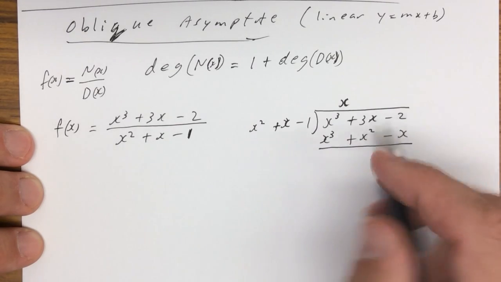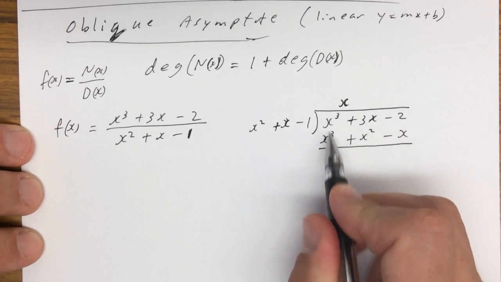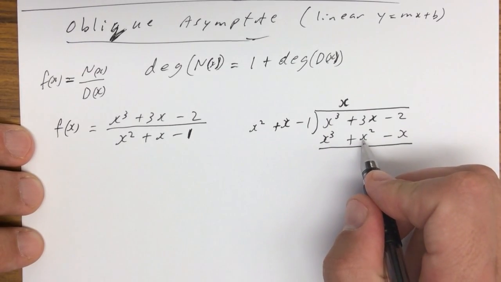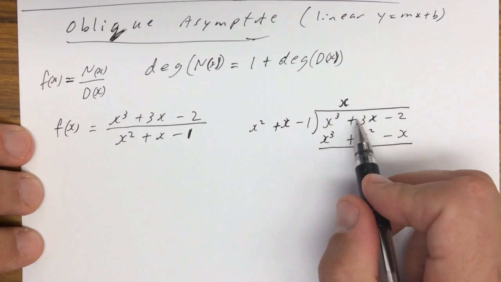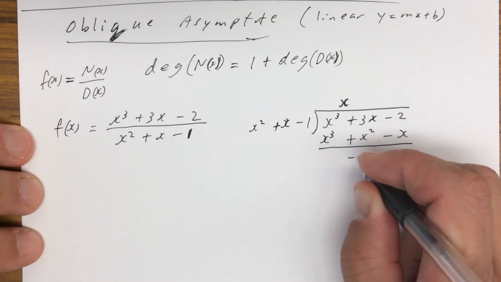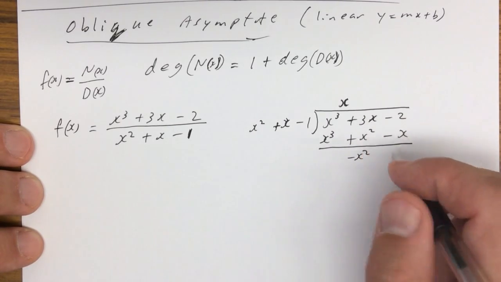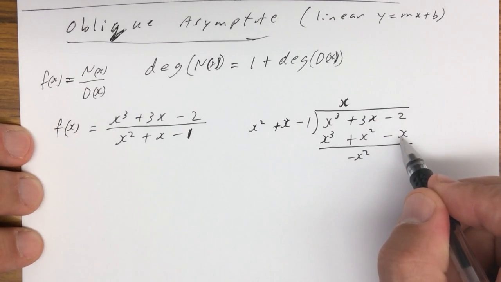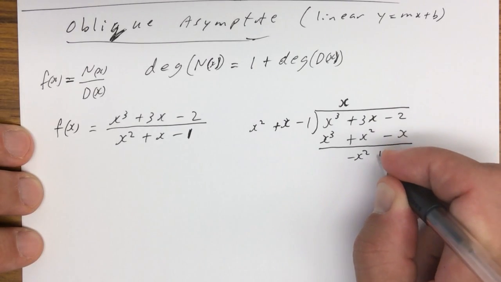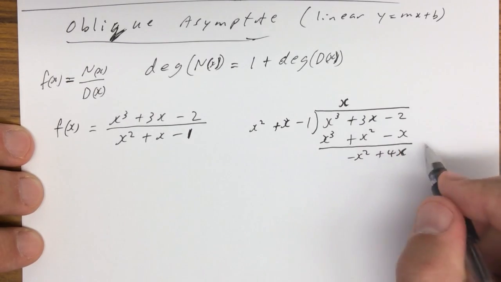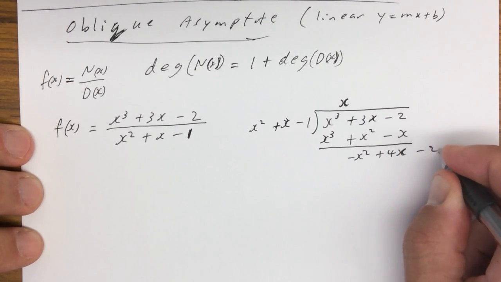Now we subtract these two polynomials. X cubed minus x cubed is 0. Then we've got no x squared term here, so 0 minus x squared is going to be negative x squared. And then 3x minus negative x, those are like terms, so that's 4x, so plus 4x. And then negative 2 just comes down here.